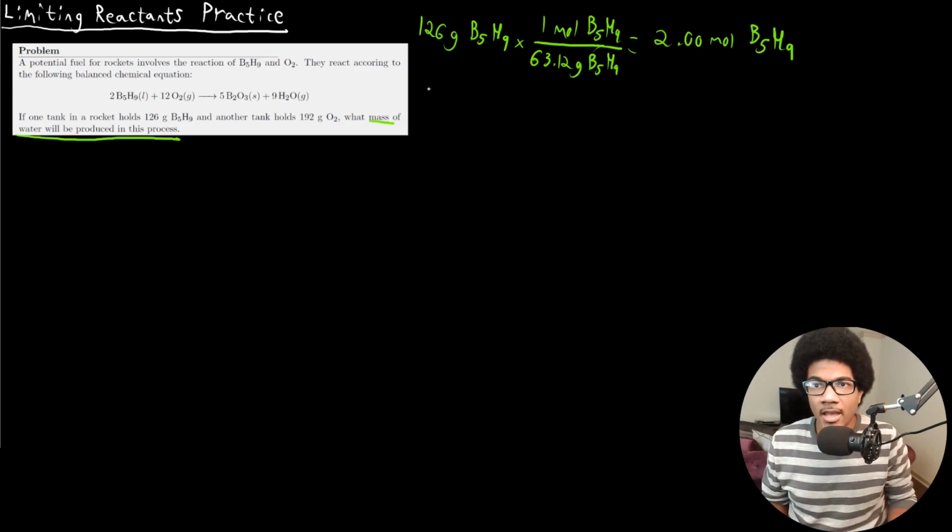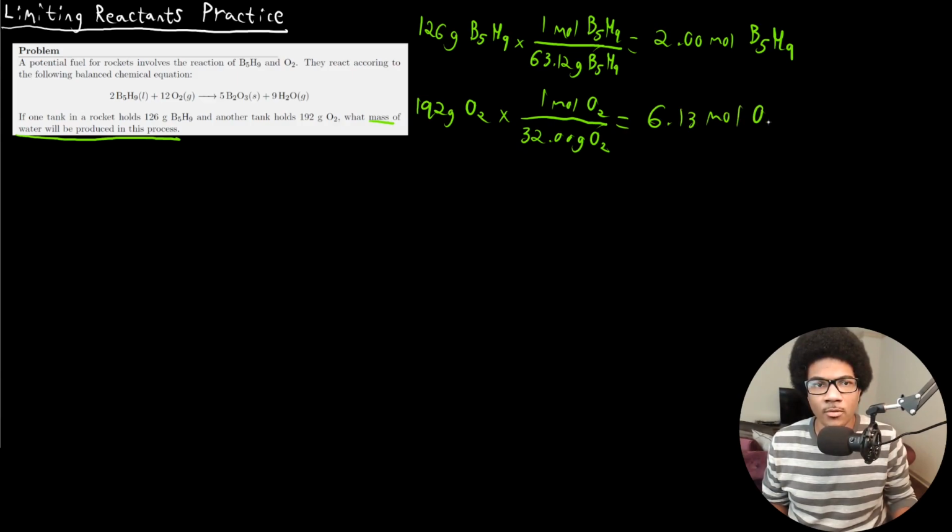Okay, and for the mass of O2, we have 192 grams of O2. The molar mass of O2 is 32, so we have 32 grams of O2 for every 1 mole of O2. And that's going to give you 6.13 moles of O2.